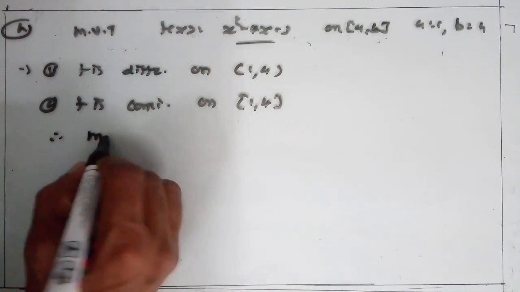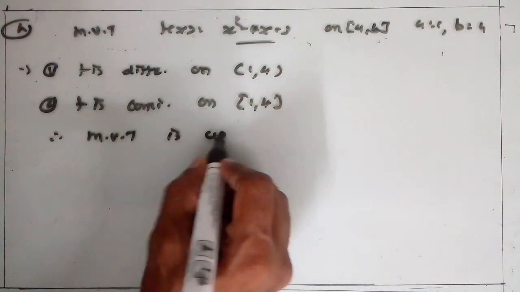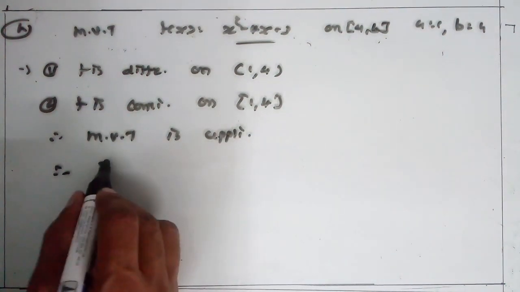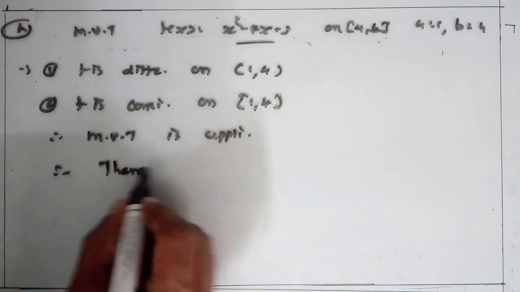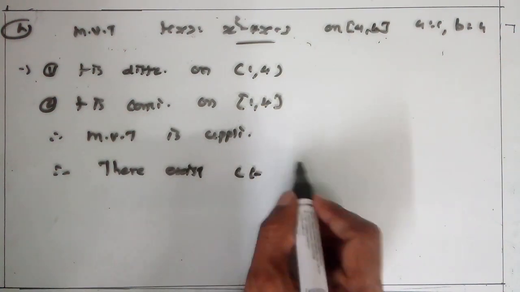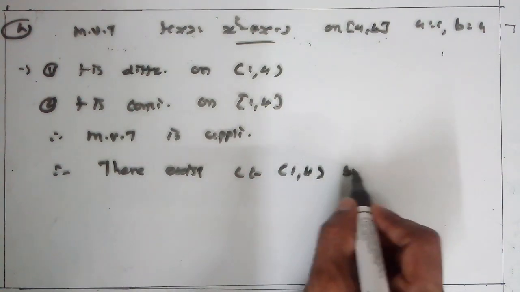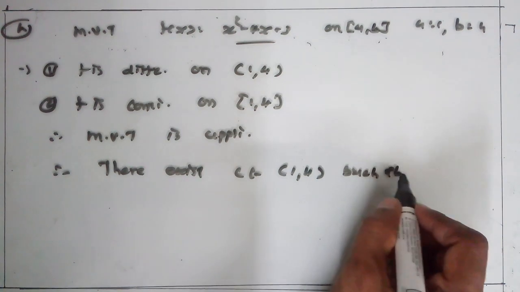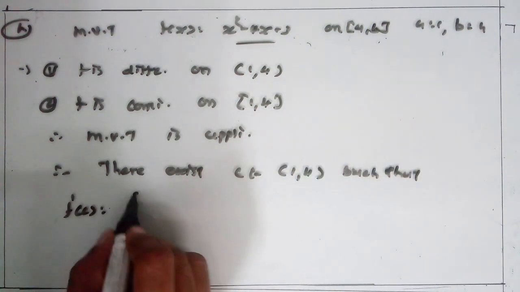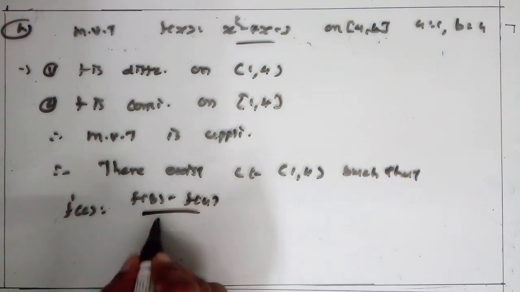Therefore, MVT is applicable. Therefore, there exists c belongs to the open interval 1 to 4 such that f dash c is equal to f of b minus f of a upon b minus a.